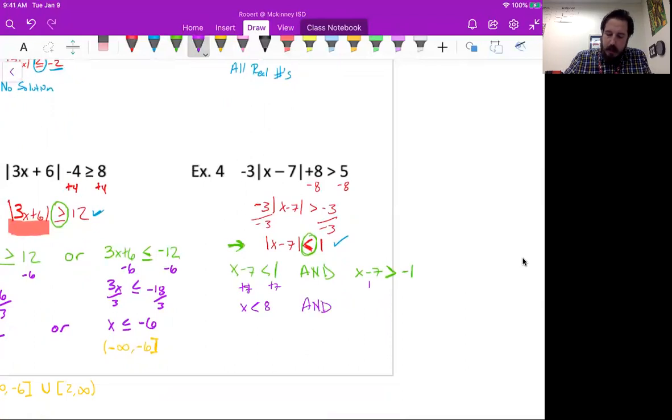And when I add 7 to this one, I get x is greater than 6. When we go to put it into our interval notation, and means it needs to be this and at the same time this. We're going to create a sandwich.